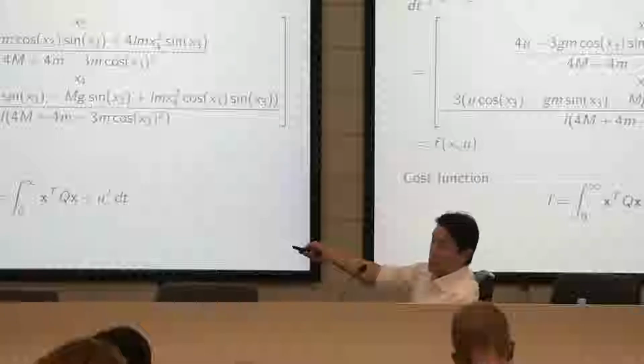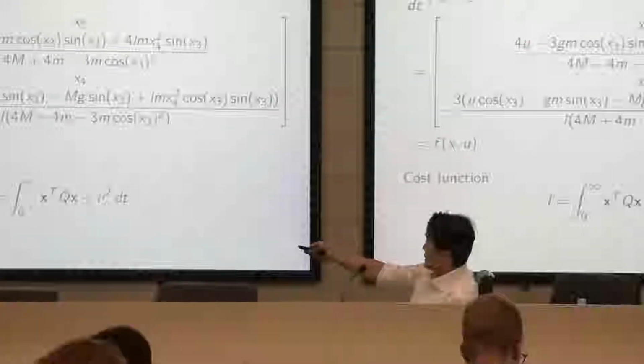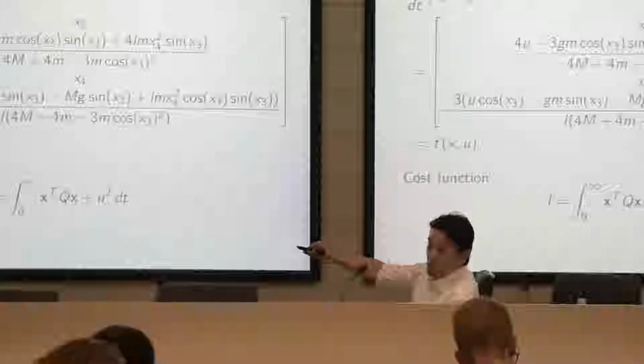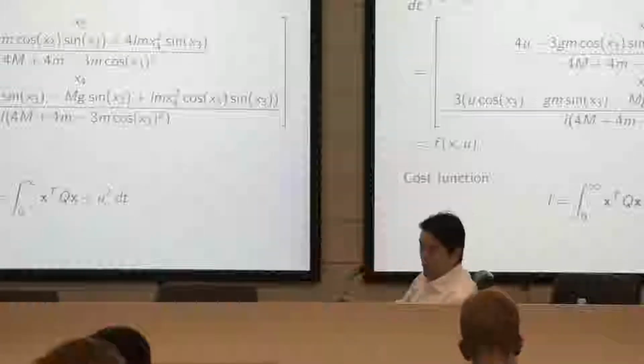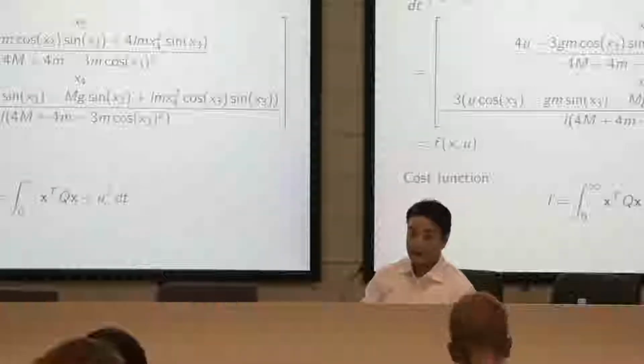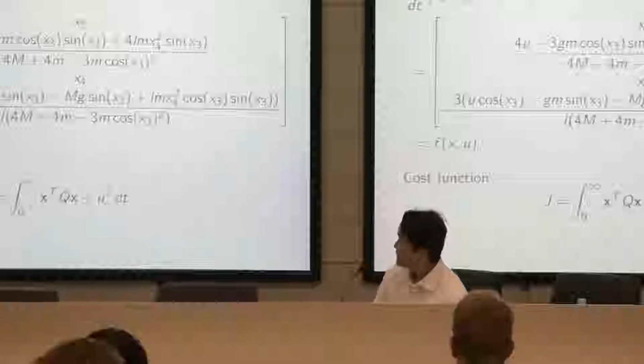So this is the nonlinear system we have to deal with. F depends on x and u. In this case, u is just a scalar, so I didn't include any r, just a u squared. Okay?